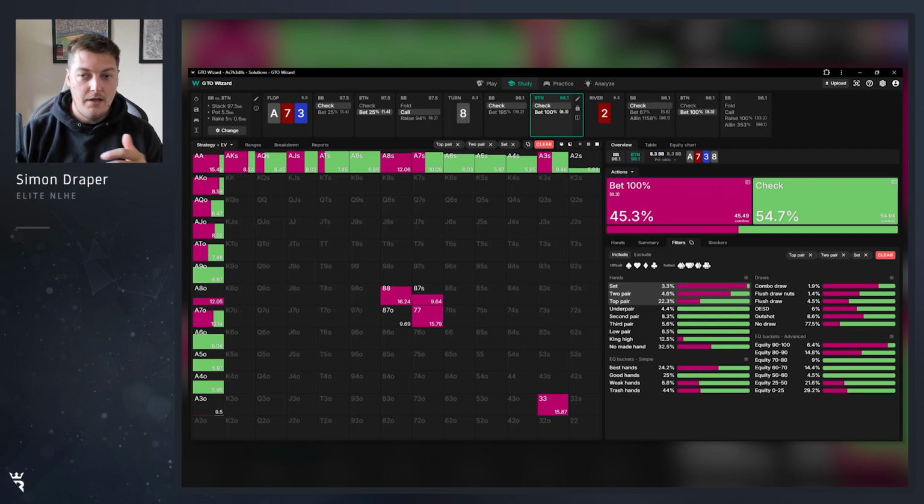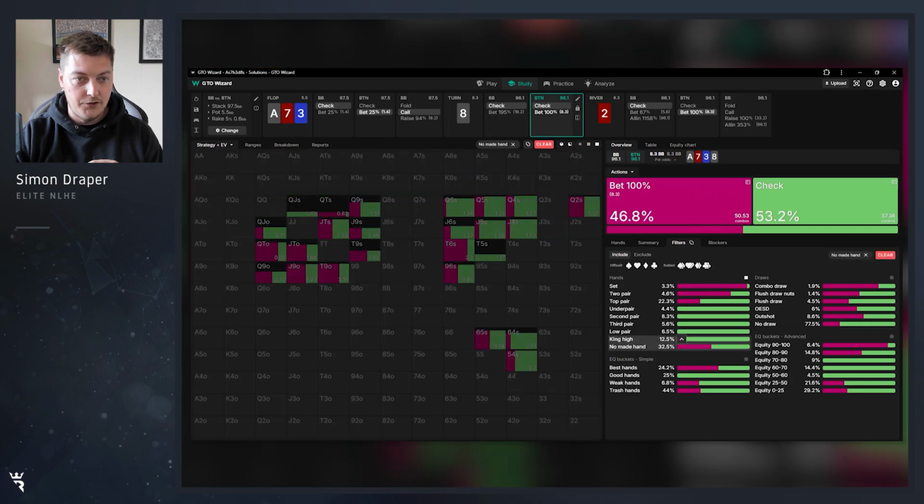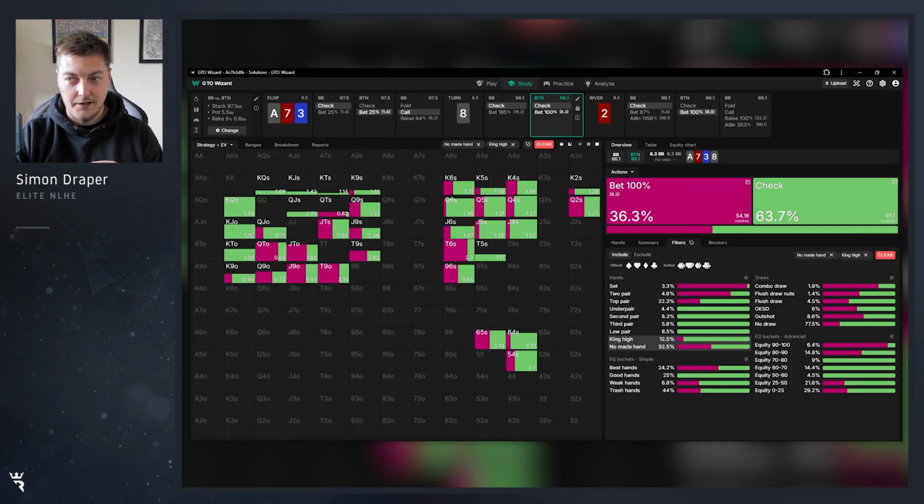All right. If we look at the bluffing region or the air region, what we're looking at here is a lot of check back, right? You can see 95 combos of king high and below are going into the checking line, right? Of course, we're putting some bluff combos into the betting line, but the majority are going into the checking line, right?